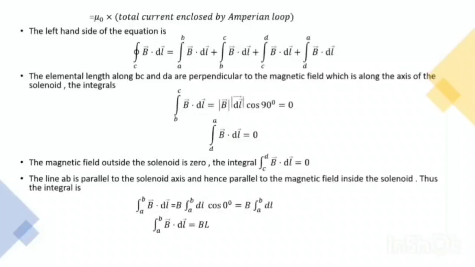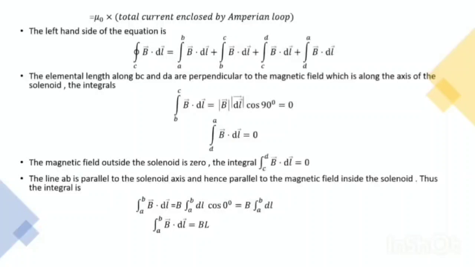We include cos 90 degrees because it is perpendicular. We know that cos 90 degrees is 0. Hence, the integral from B to C of B vector dot dl vector is 0. The same holds for the integral from D to A of B vector dot dl vector, which is equal to 0. Even the third term is equated to 0 as we know that the magnetic field outside the solenoid is 0.